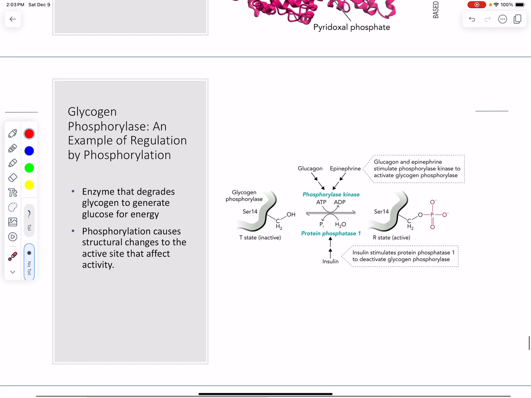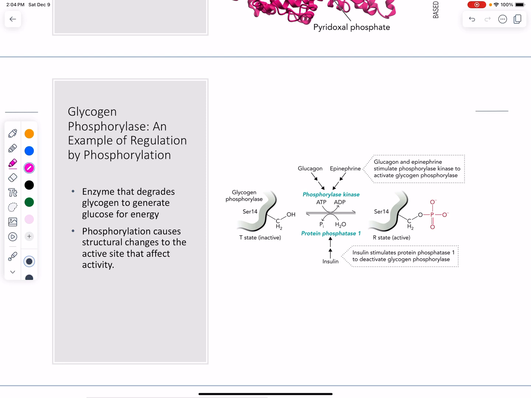All right. So here's an example of something that's regulated by phosphorylation. This is an enzyme called glycogen phosphorylase. Glycogen phosphorylase is the enzyme that peels off glucose molecules in animals.